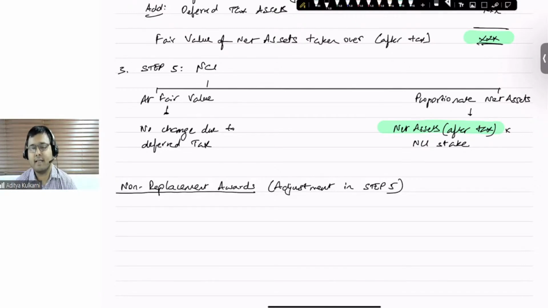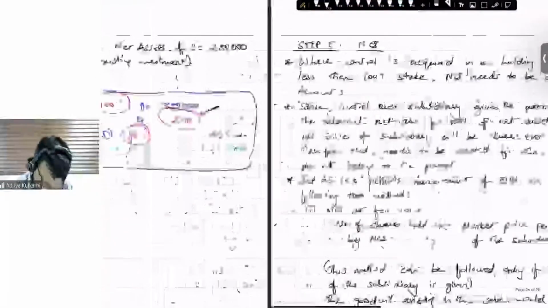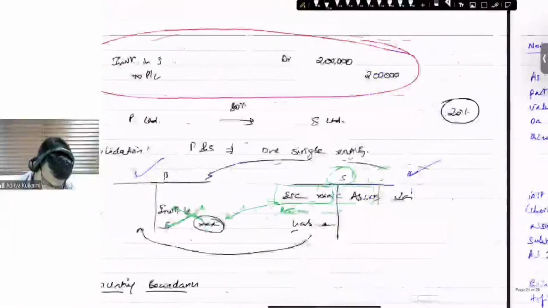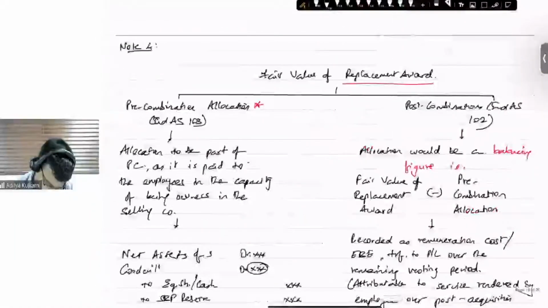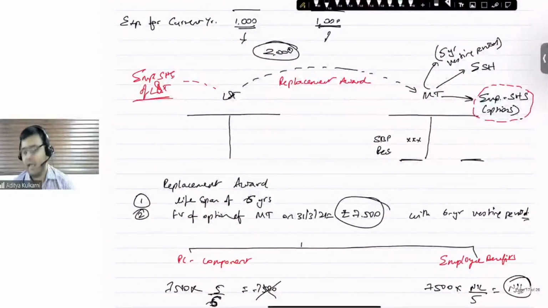I had given you the example of L&T and Mindtree. L&T replaces, by issuing new awards, the existing award of Mindtree. And then we had seen how the calculation was done.